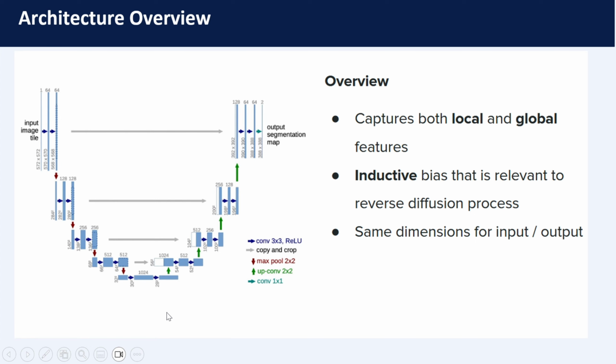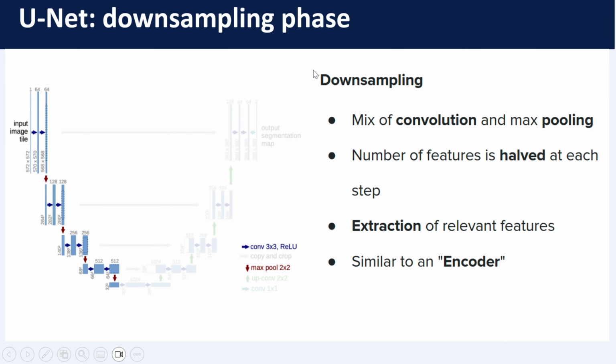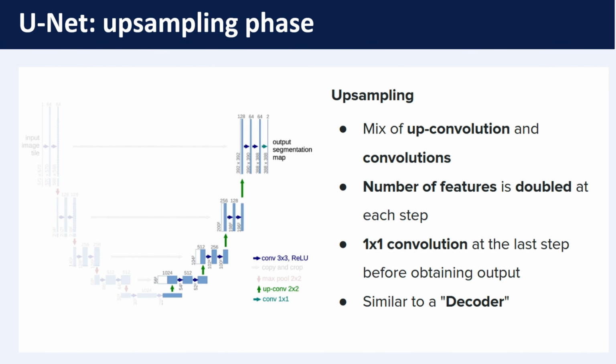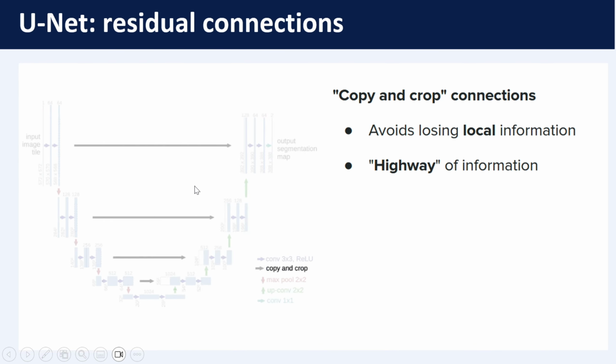Then from the bottleneck up, the left side is encoding, and going up is decoding. It is actually the same process with a little bit of difference. The only difference is that we apply the concatenation. Concatenation are these lines here, right?